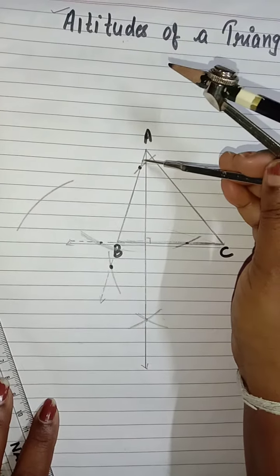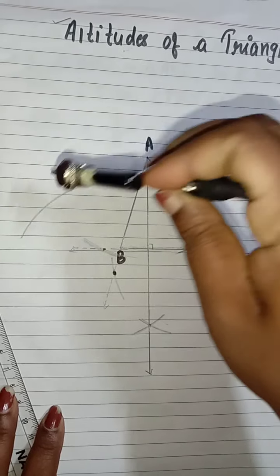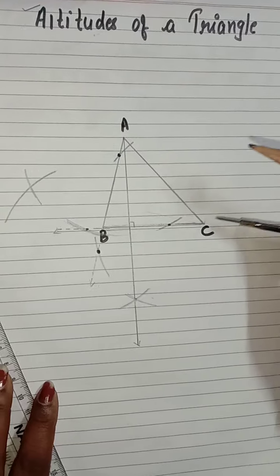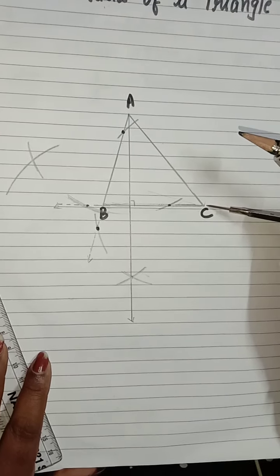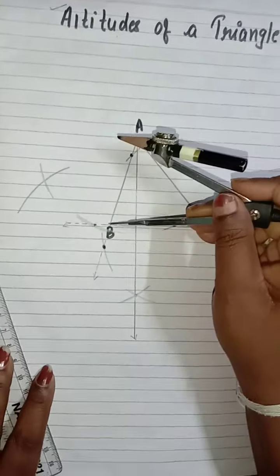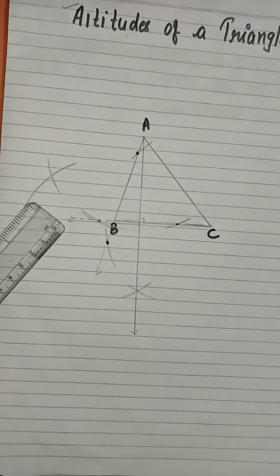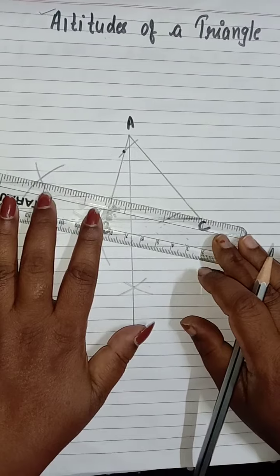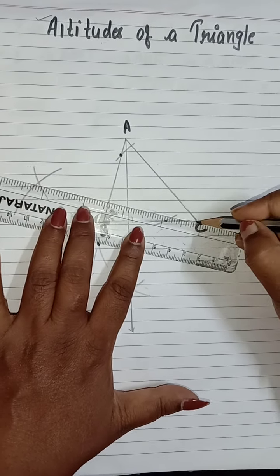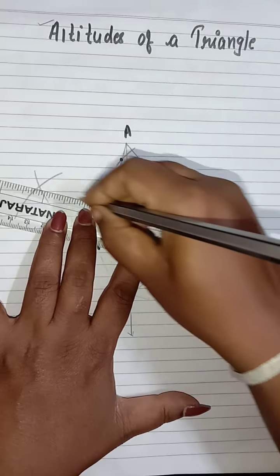Same distance I'll keep and put it on the other point, and I'll intersect the previous arc. The point is outside, because we are constructing the perpendicular bisector of AB. Now we'll join this intersecting point and C.